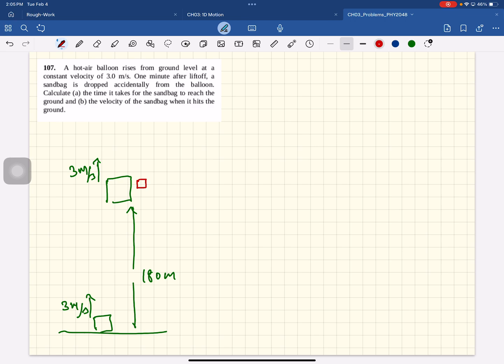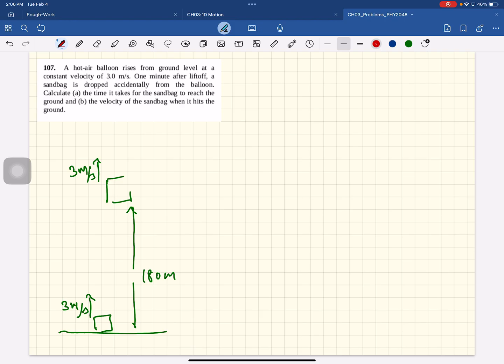When you drop the sandbag, what is the velocity of the sandbag? Initially 0, or sorry, 3 meters per second. Very good. Yeah. Okay, so you drive on 95 at 80 miles an hour, you drop an orange out your window, it's going at 80 miles an hour. Okay, and then it starts falling.